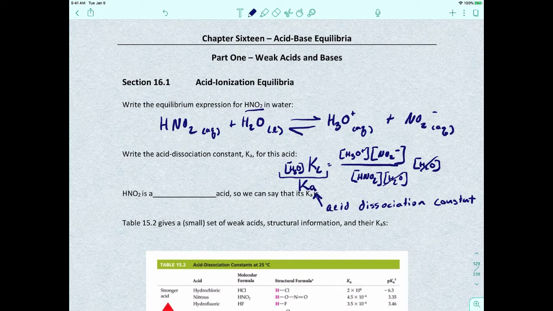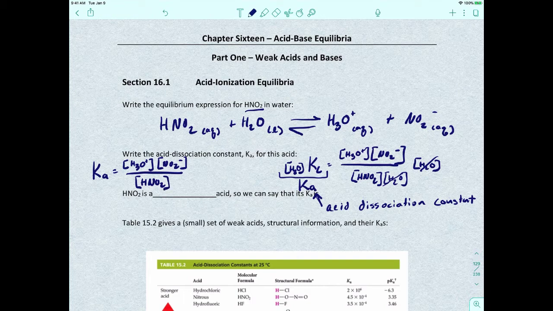It pretty much means the same thing. So this would be the Ka expression for this acid. I'm going to rewrite it over here just to be clear. The acid dissociation constant would be the concentration of H3O+ times the concentration of NO2- divided by the concentration of HNO2.